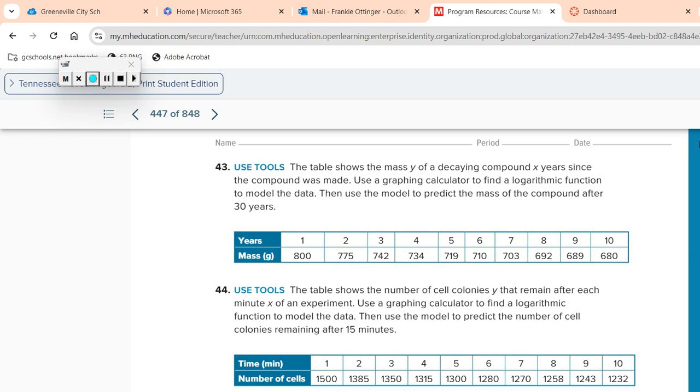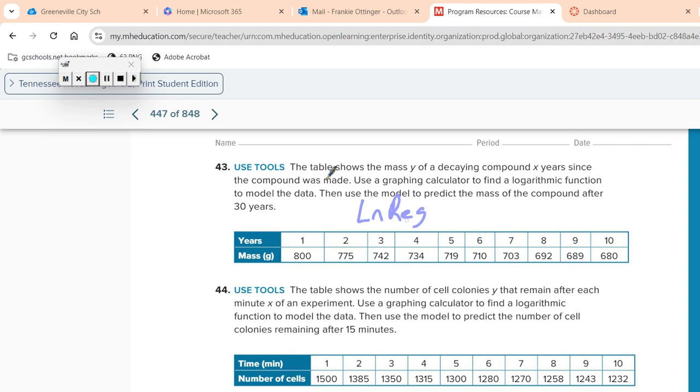The only difference is it's a logarithmic regression, because you're going to put this in L1, this in L2. I showed you how to even store it. I don't know why your Algebra 1 teachers wouldn't let you store it, but you're going to do an LN regression, for natural log regression, on this.